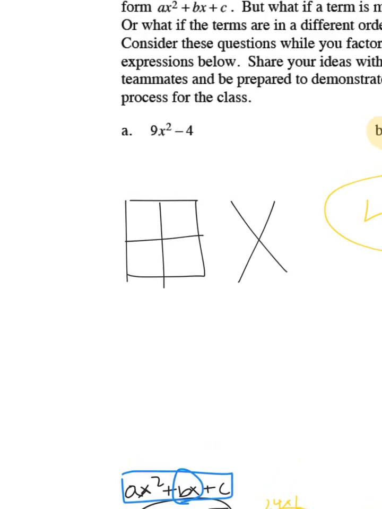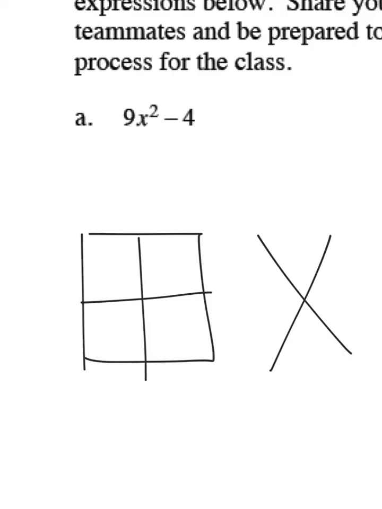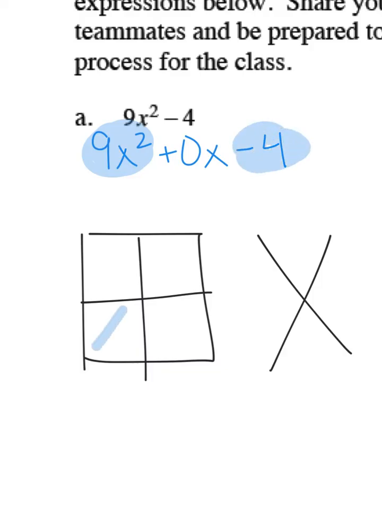So we're just going to rewrite this by putting in that there are 0x pieces. 9x squared, there are 0x pieces, and then minus 4. So now I have all three terms in order, and it can help me fill in my diamond and rectangle. The 9x squared and the minus 4 go into the diagonal, and then they get multiplied and placed in our diamond problem.